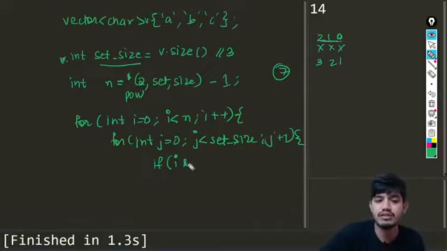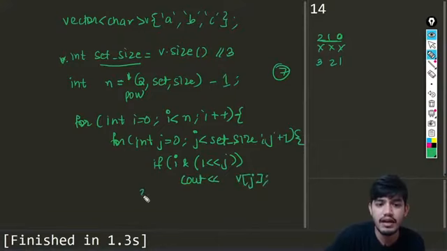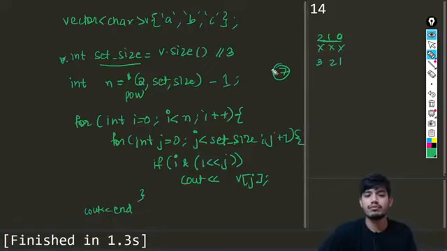We have already seen, we just do the AND operation, and if this value gives us true, which means our jth bit is set, then I can simply print this value. So I'll write v of j in this case, and I'll write cout endl, which will give you the next line for the output.